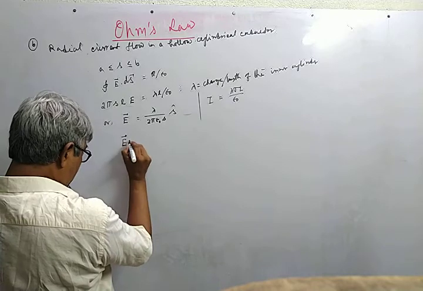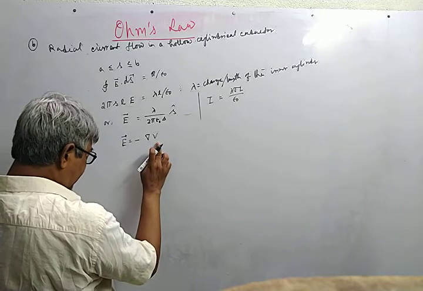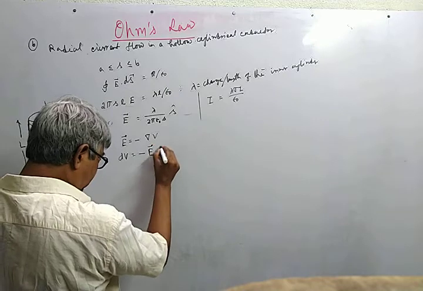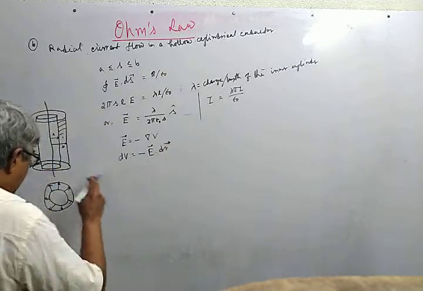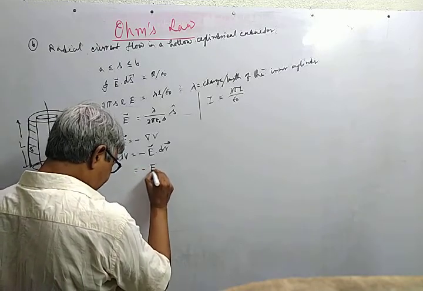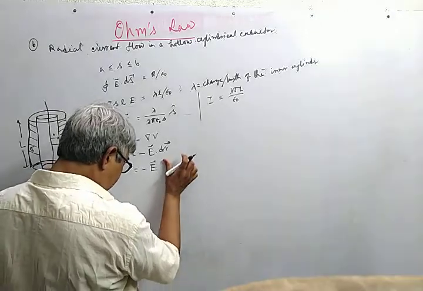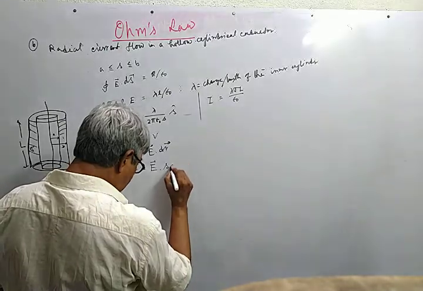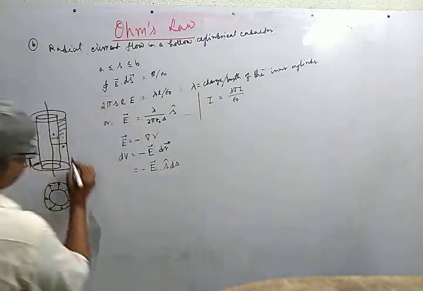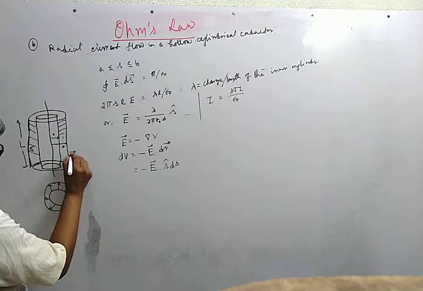E is equal to minus grad V, from where we can get dV is equal to minus E dot dr. In this case the current is flowing in the radial direction, so it is E dot dr, where dr is s cap times ds, because the length element in this direction is s cap ds.